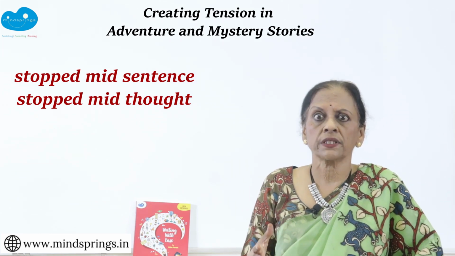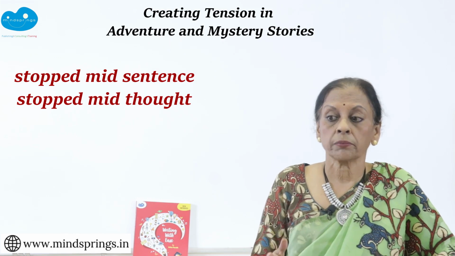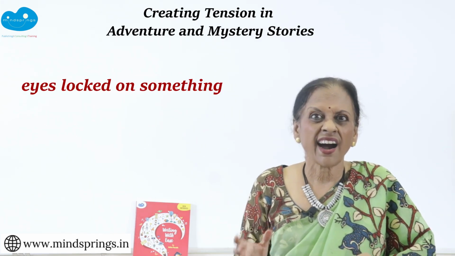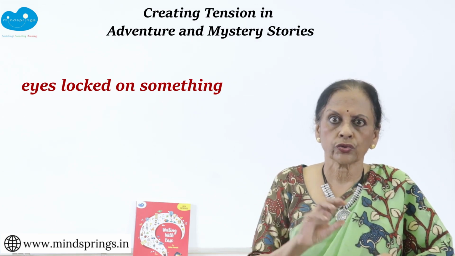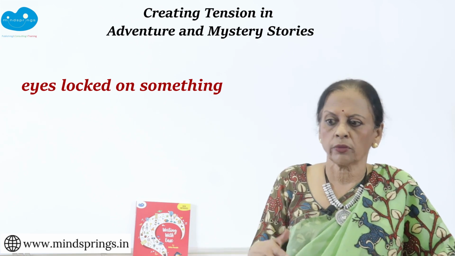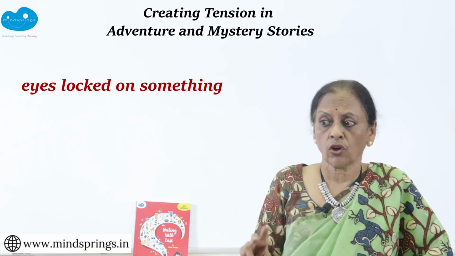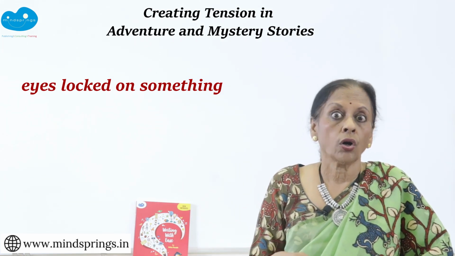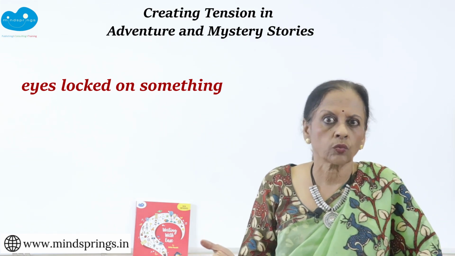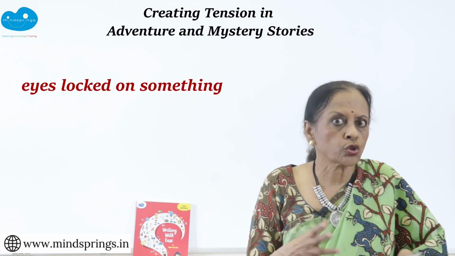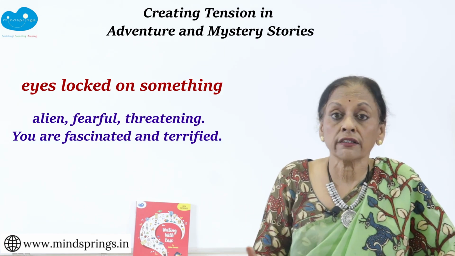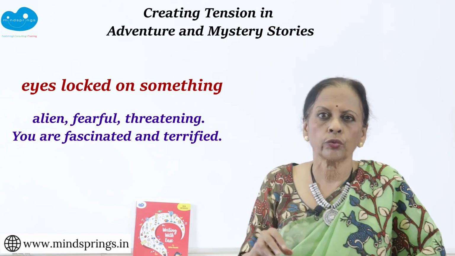Anything that stops in the middle of something is something that will put you on alert. So that's a good one to use. Eyes locked on. So if your eyes lock on to something, it can mean many things. One is you might be greedy, it might lock on to a diamond, or it might lock on to some kind of a weird monster that walked in, something that is so alien, so fearful, so threatening that your eyes may lock on to it.